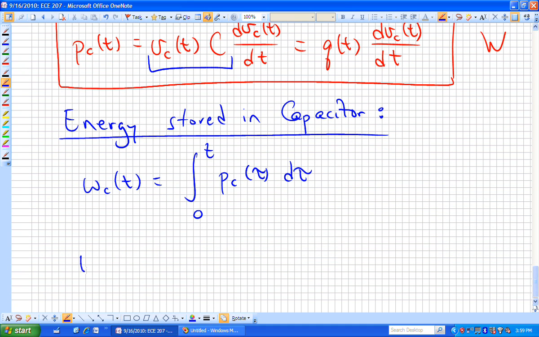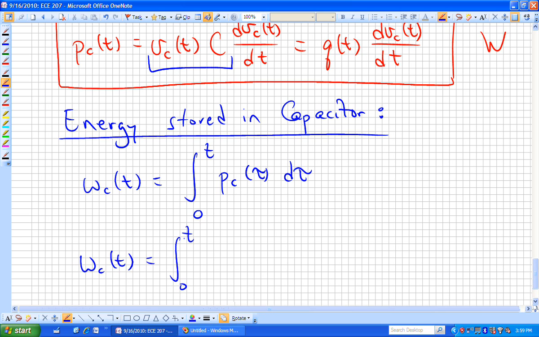Which, if we use some of these relationships for power that we just derived, here's this integral from 0 to t, and now let's use C, V sub C of tau, dV sub C of tau, d tau. That's a power formula times d tau.